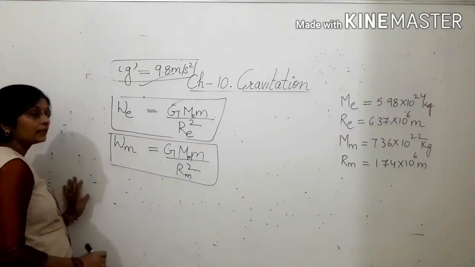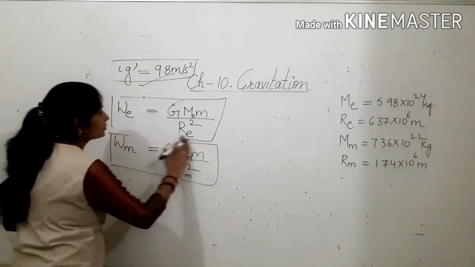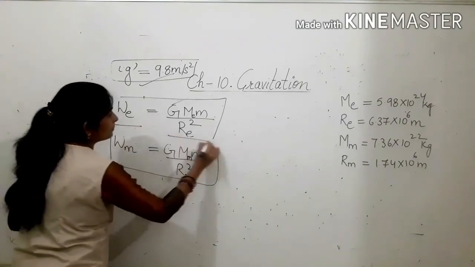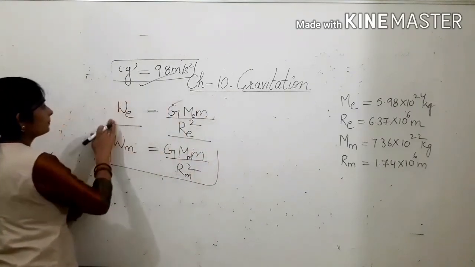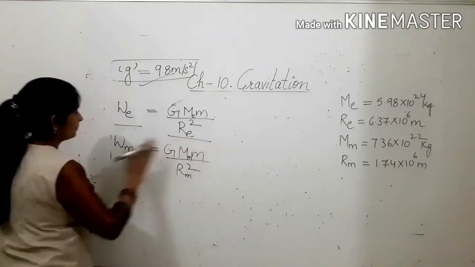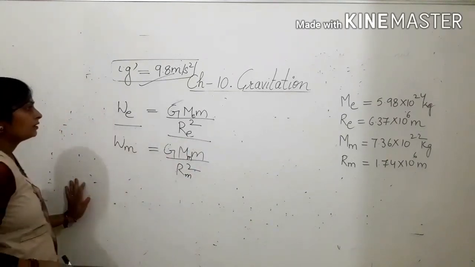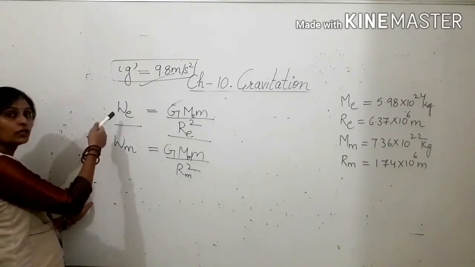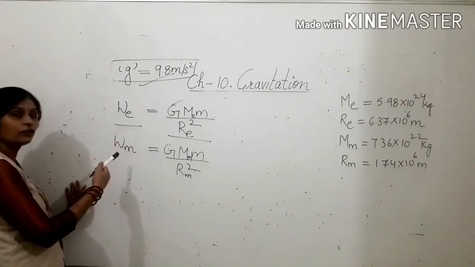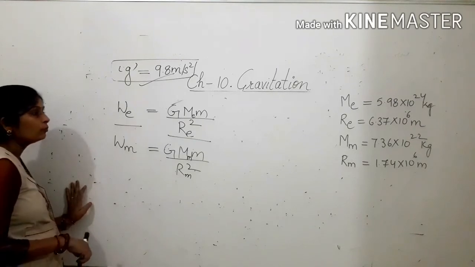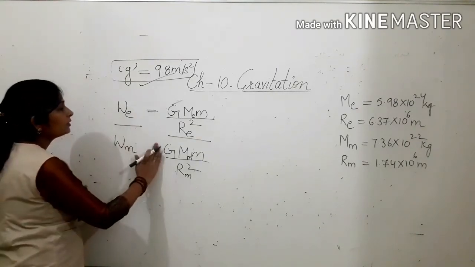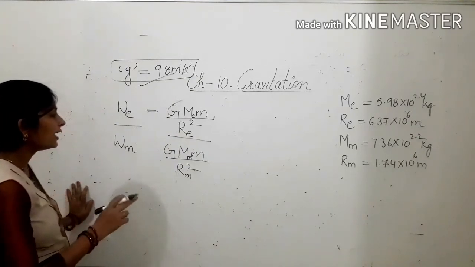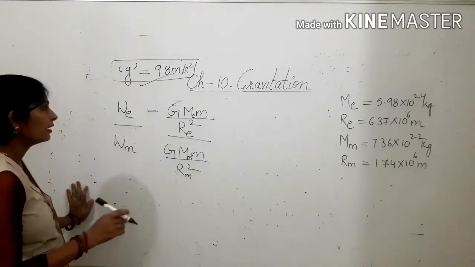Now we take their ratios. So now I have taken the ratio of the weight of the object on the surface of earth to the weight of the object on the surface of moon. That is G Me into m upon Re square, upon G Mm into m upon Rm square.